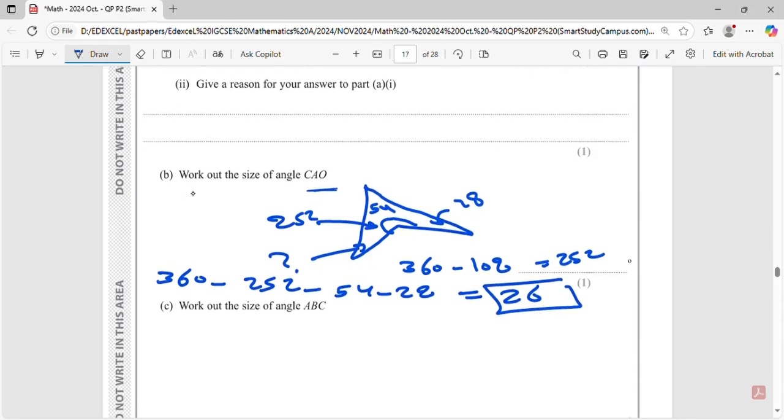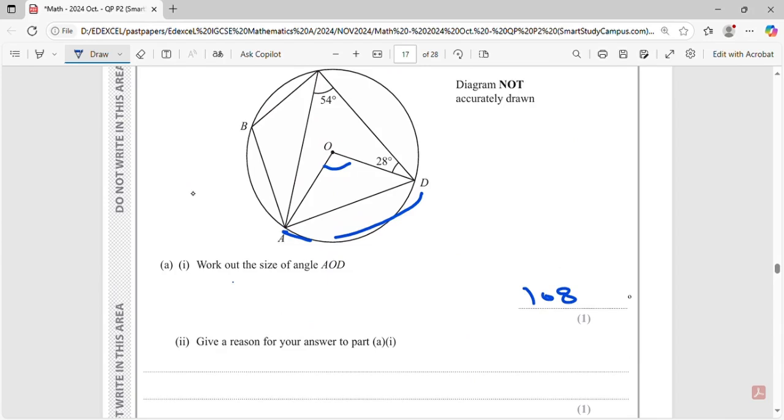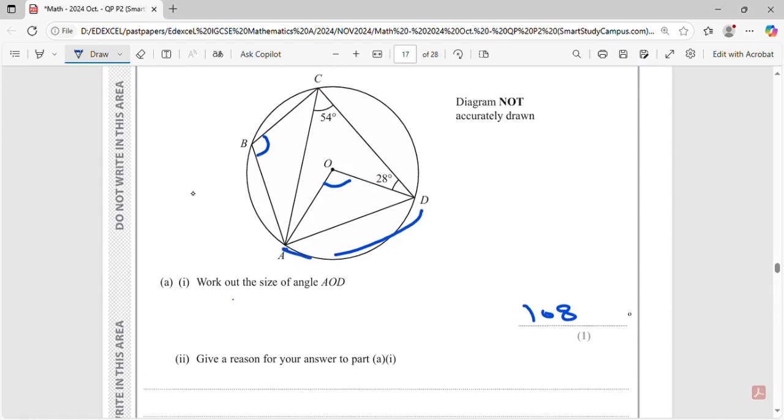Now he asked me for the measure of the angle ABC. Which ABC? ABC means this angle. How can I know the measure of this angle? Of course, this is a quadrilateral. It's represented by what? This quadrilateral is a cyclic quad, and for a cyclic quad we know before that its two opposite angles equal 180.